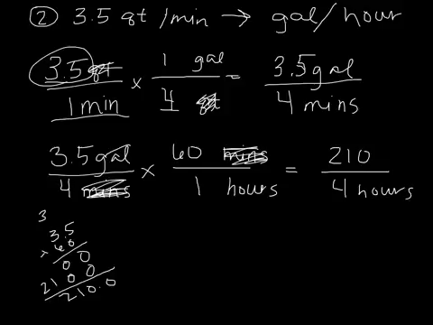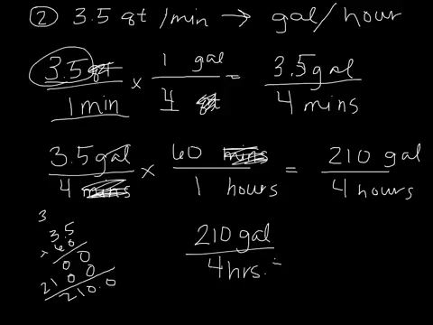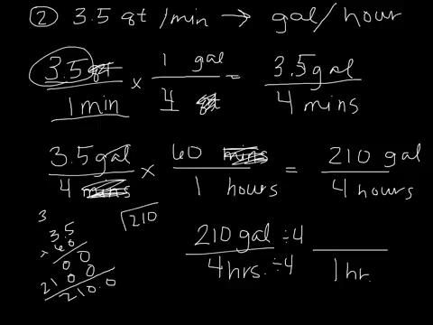Now let's make it that unit rate, 210 gallons in 4 hours. So I'd have 210 gallons over 4 hours, divided by 4, divided by 4, so I would get 1 hour. 210 divided by 4, 5 times 4 is 20. 4 goes into 10 2 times, minus 8.